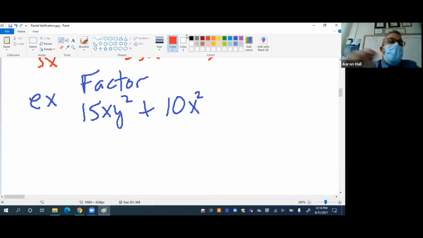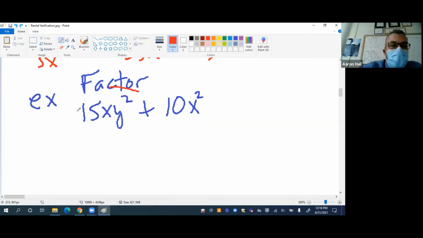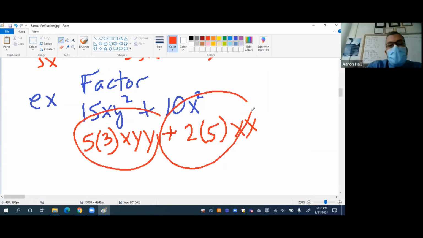If it's helpful, just like we did before, we could write down all the factors of this and all the factors of this. We could rewrite this as 5, 3, x, y, y plus 2, 5, x, x. What can we take out of both of these terms? 5x. Yeah, we can take out a 5x.